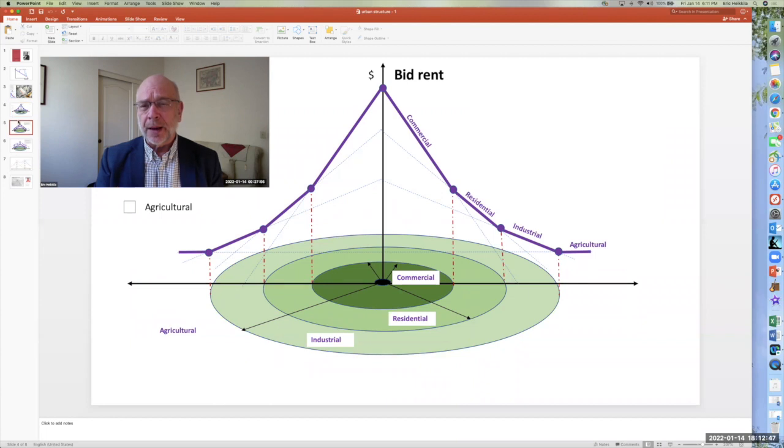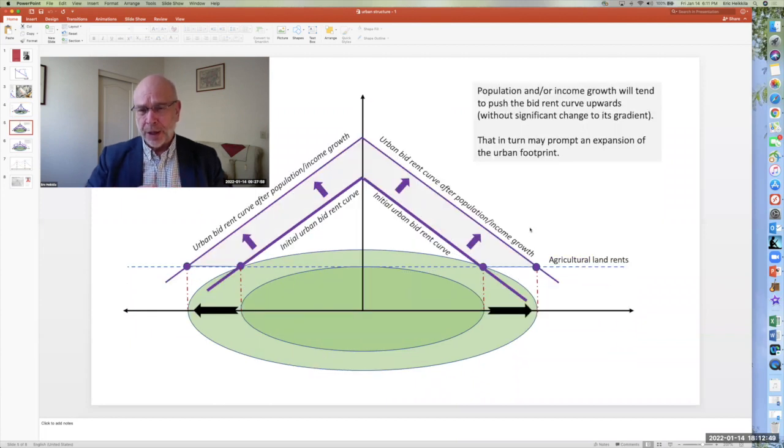So the bid rent curve after this influx of population would be parallel to the original bid rent curve prior to that population influx.